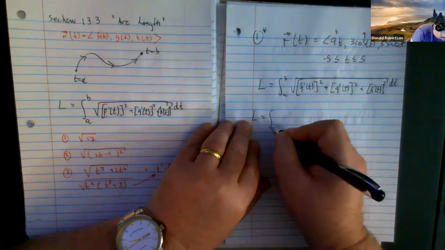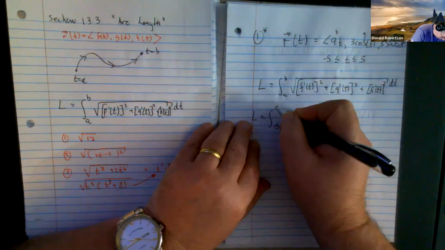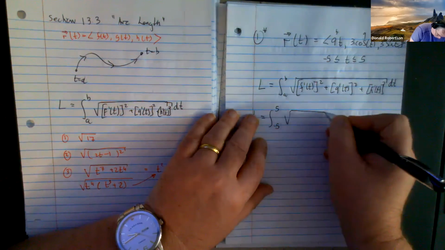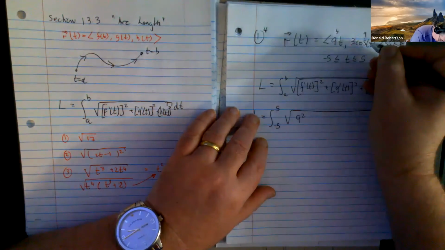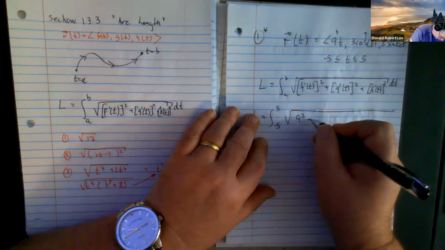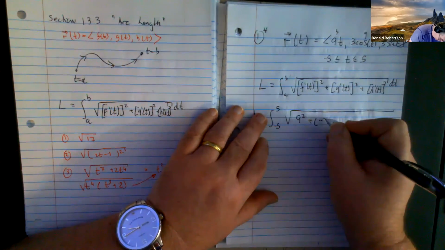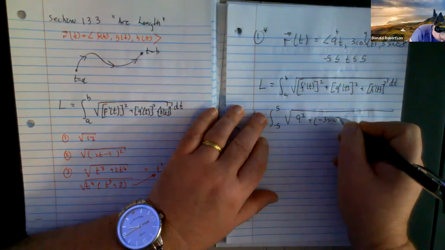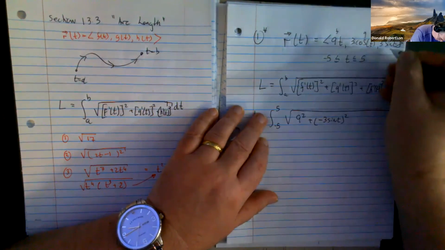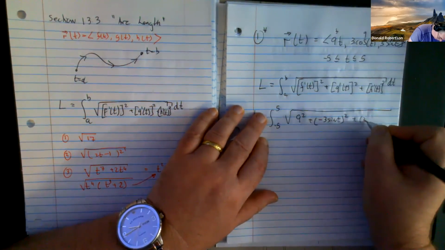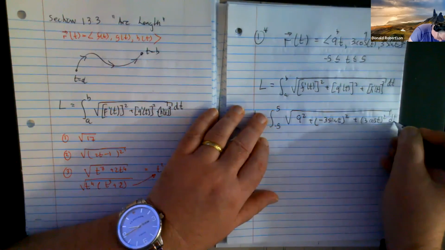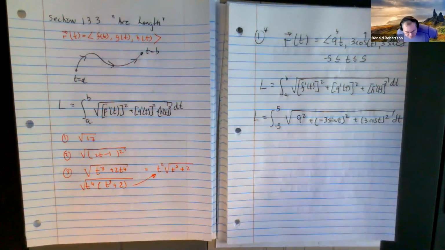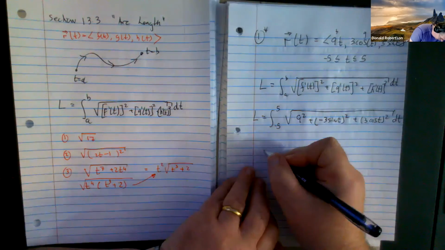So it's going to be from -5 to +5 the square root of, if you differentiate that, you get 9 squared. If you differentiate this guy, you get -3 sine t, but then you square it. And if you differentiate this guy, you get 3 cosine t and you square it, which is why you want helixes, because something really nice is about to happen.